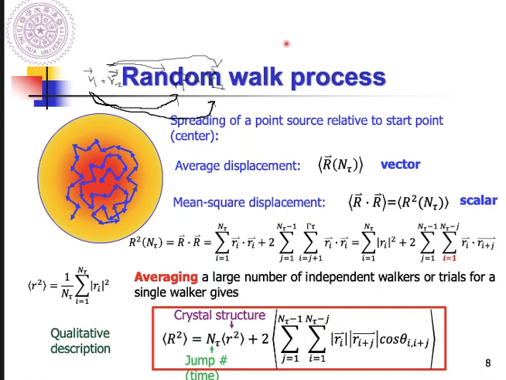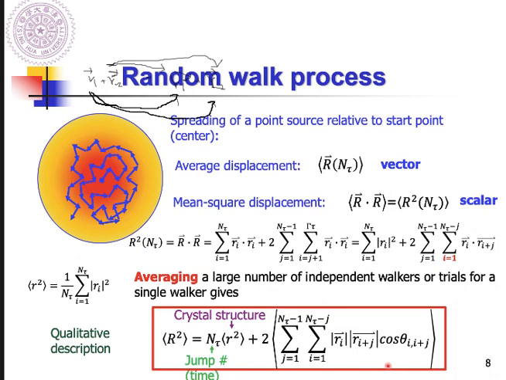And also the mechanism: you jump from one lattice point to another lattice point, or from one interstitial site to another interstitial site. So this is related to the crystal structure and also the diffusion mechanism. Based on these results, the mean square displacement successfully links the diffusion phenomena and the atomic jumping process. And regarding the second term, it is a summation of cosine terms.